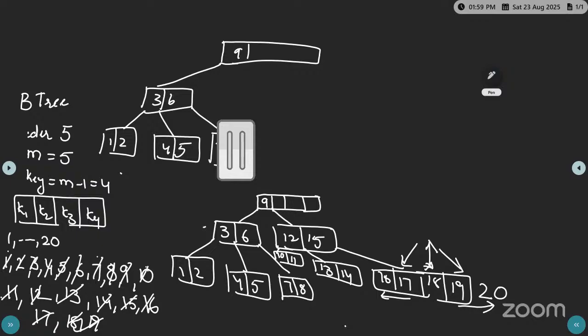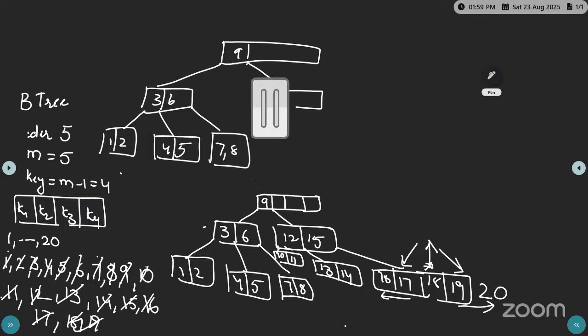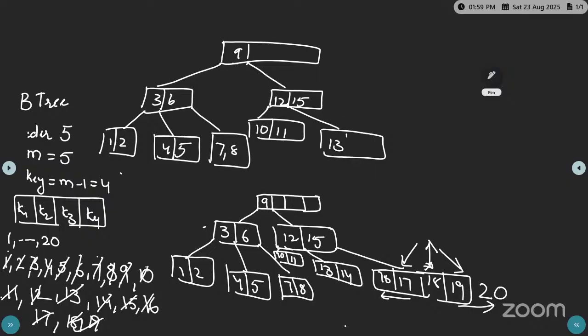And to the right of 9: 12, 15. To the left side of 12: 10 and 11. To the right of 12: 13 and 14. And 15's right side.